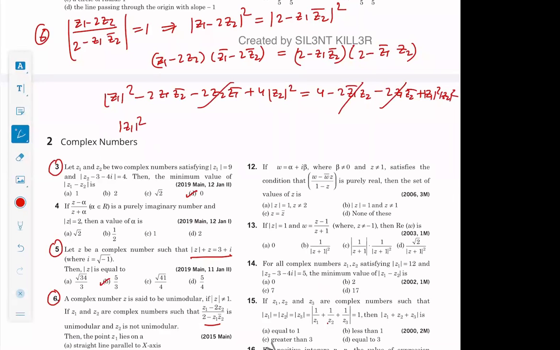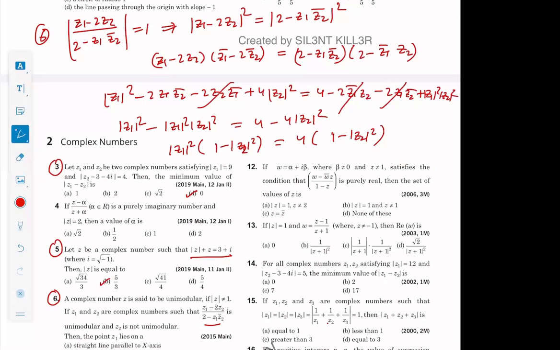So mod z1 square minus mod z1 square mod z2 square is equal to 4 minus 4 mod z2 square. If you take mod z1 square common here, I will get 1 minus mod z2 square, and if you take 4 common, you will get 1 minus mod z2 square.